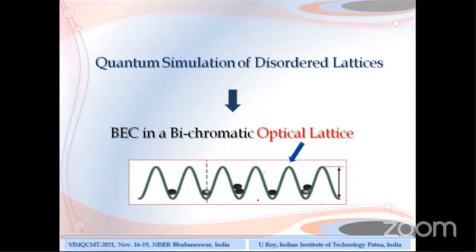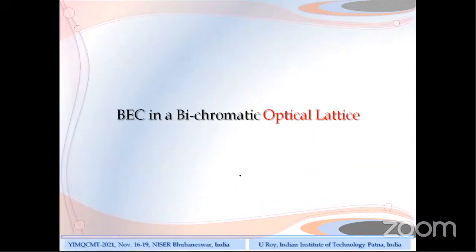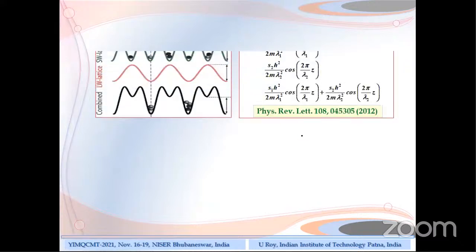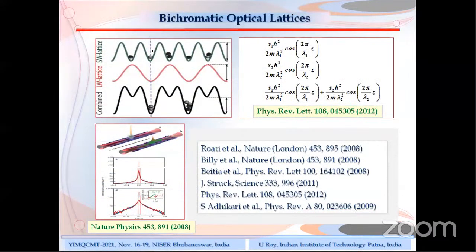Now this is only for an optical lattice. There has been a lot of progress on the bichromatic optical lattice. It means that you combine two different frequencies or two different wavelengths of optical lattices, and this is one of the examples; there are many examples of these lattices for ultra-cold atoms.